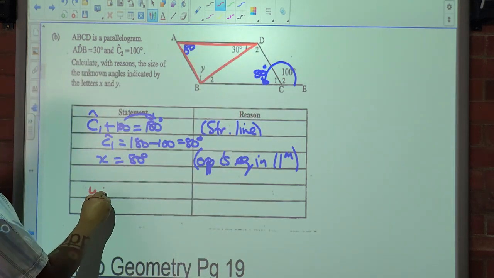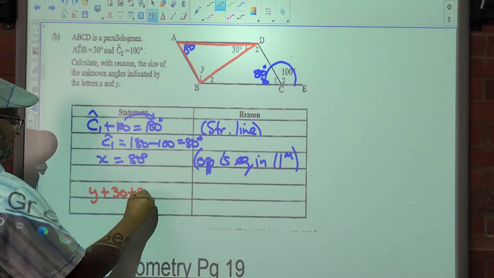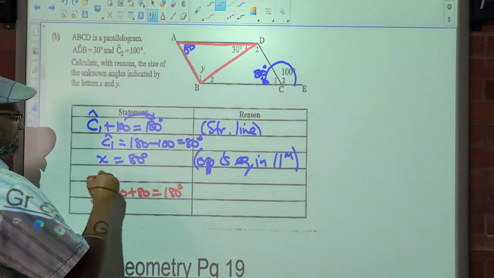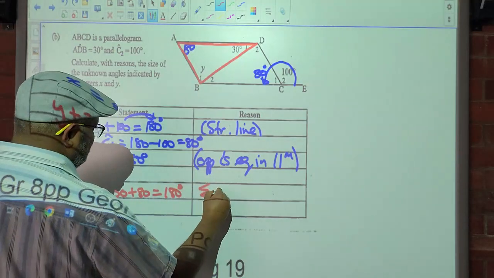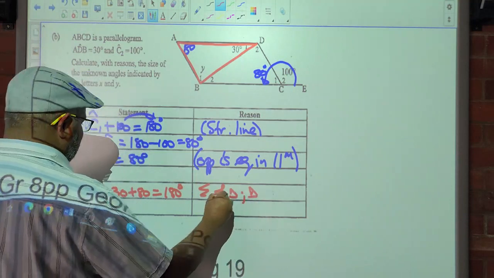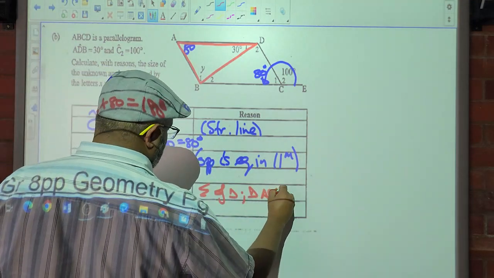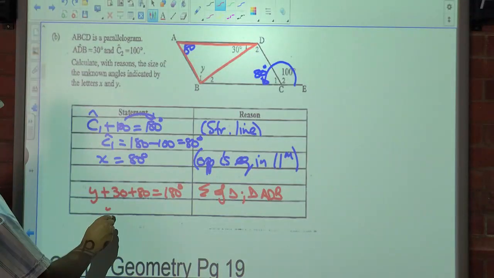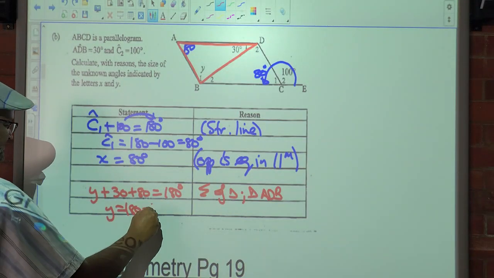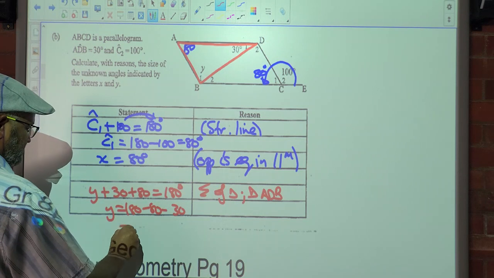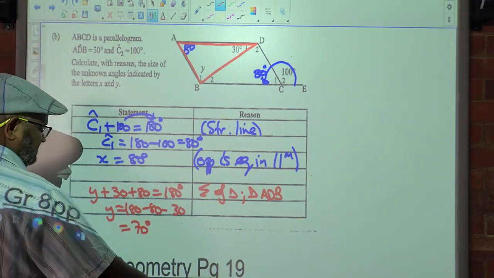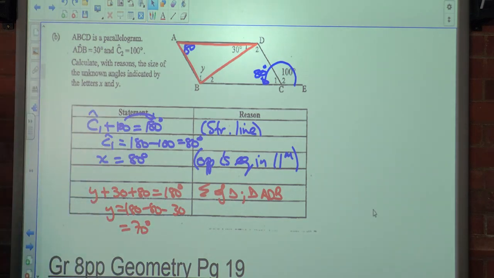Okay, so Y plus 30 plus 80 is equal to 180. Sum of triangles, and it's triangle ADB. So Y is equal to 180 minus 80 minus 30, which is 70.